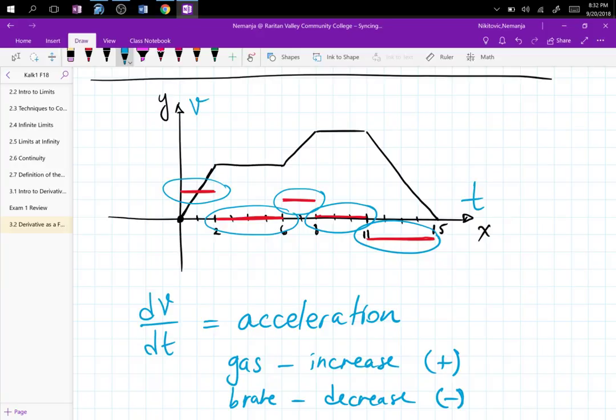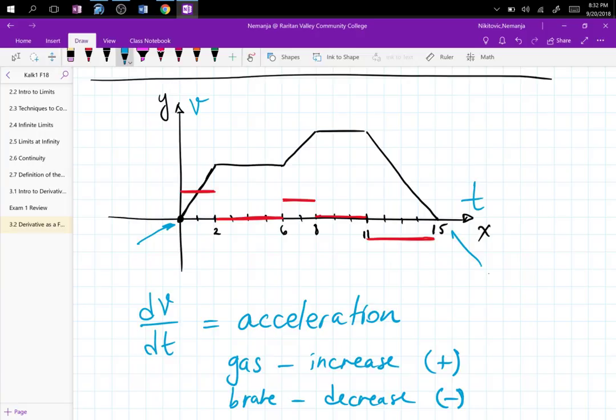So this is my velocity, this is my time, and then the red one is showing us the acceleration, the change. So my initial speed is 0. That's the driveway, right? This is our point of origin. And this is when you park at the parking lot.